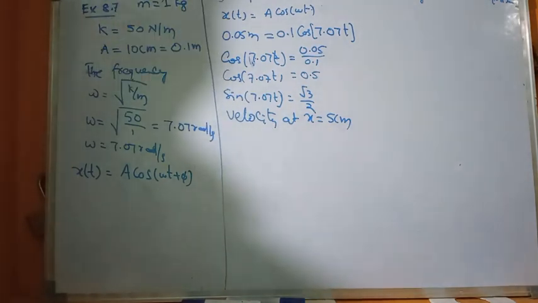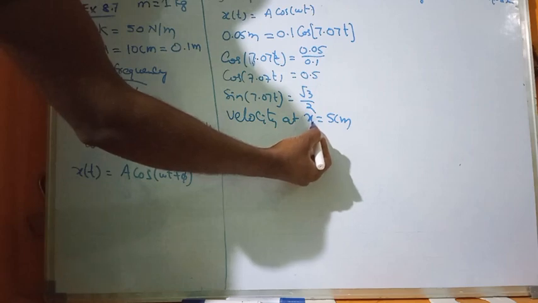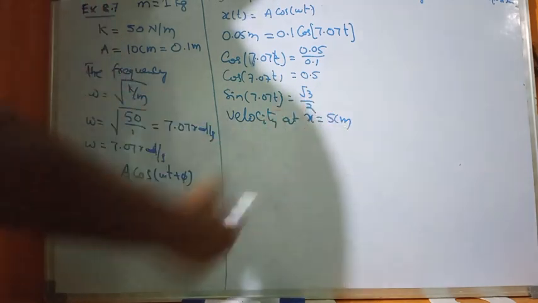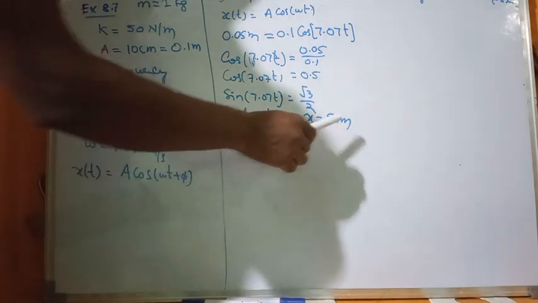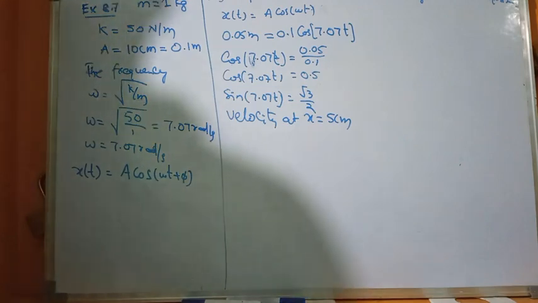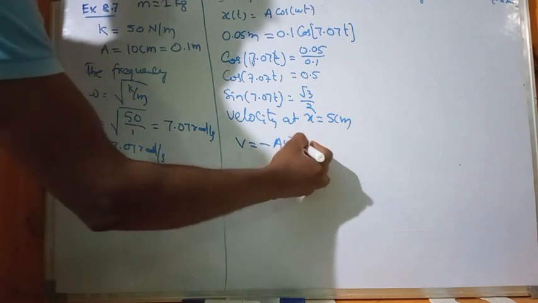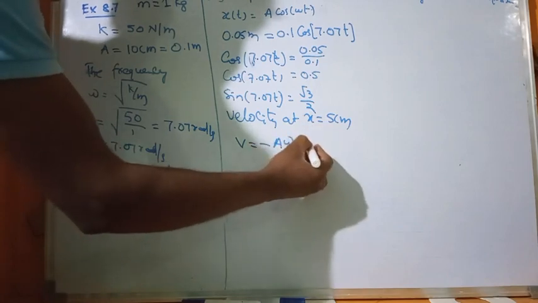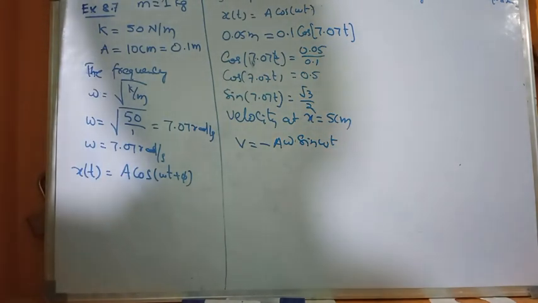This is our important one, because we have to find the kinetic energy and potential energy at this distance. So now we have to find the velocity at this position, x equal to 5 centimeters, and we have a formula for velocity: v is equal to minus a omega sin omega t. This is our equation for the velocity in simple harmonic motion.